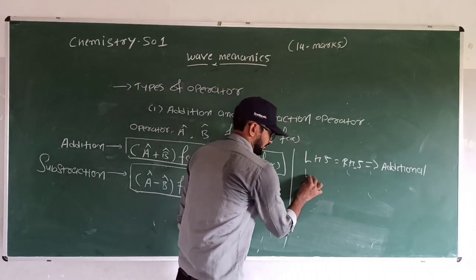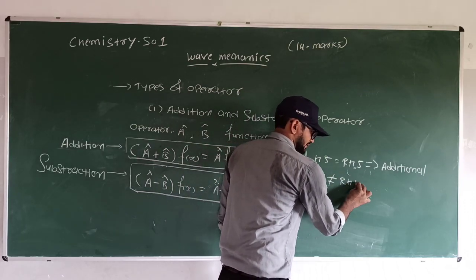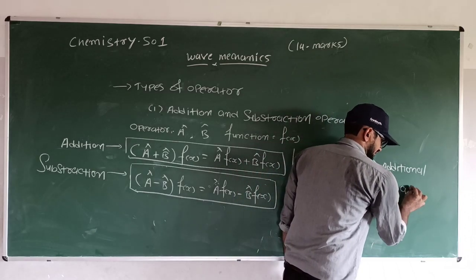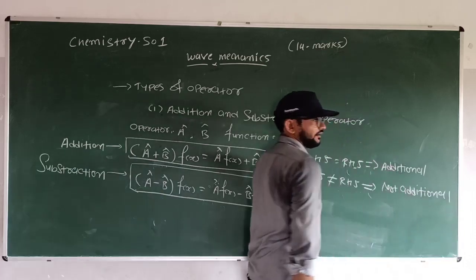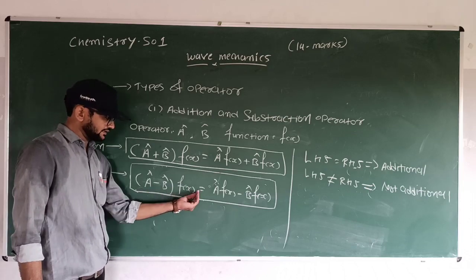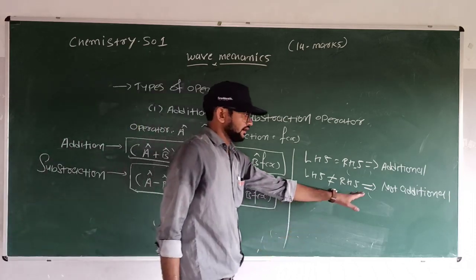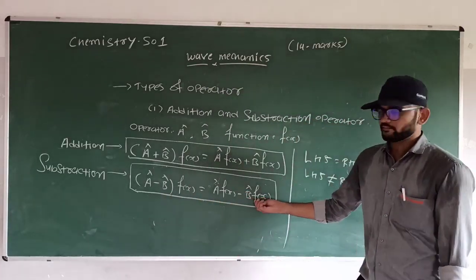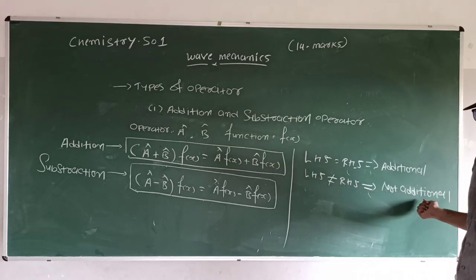If LHS does not equal RHS, both operators are not additive. Similarly in subtraction, if LHS is equal to RHS, then both operators are subtraction operators. If LHS is not equal to RHS, then they are not subtraction operators.